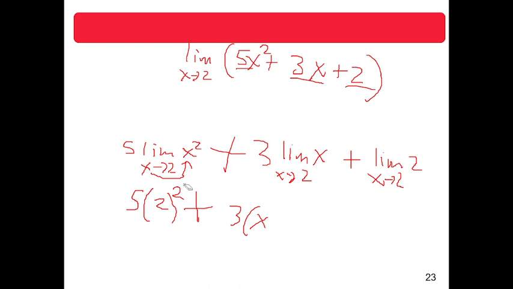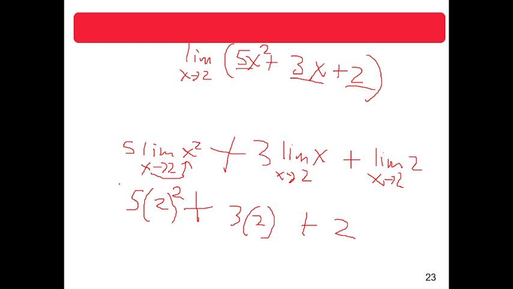The value of x is simply 2, correct? Plus, what is the value of the limit of 2 as x approaches 2? Nothing but the constant itself, 2.